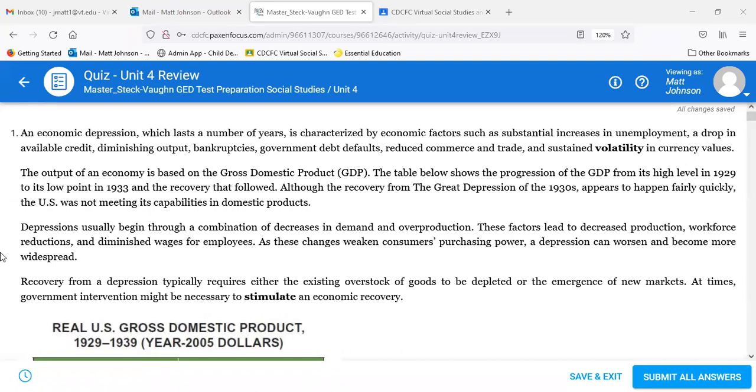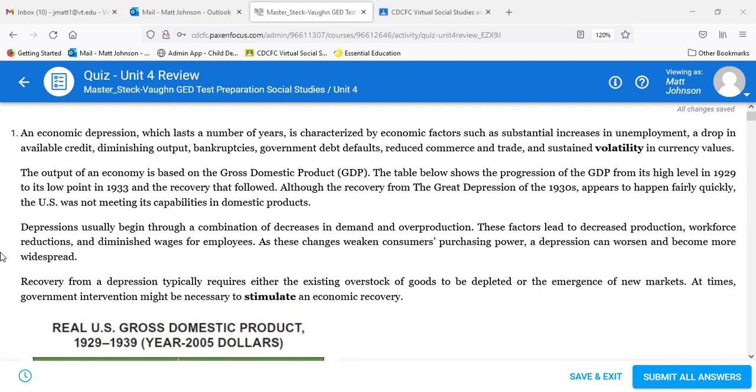Okay. It says, an economic depression which lasts a number of years is characterized by economic factors such as substantial increases in unemployment, a drop in available credit, diminishing output, bankruptcies, government debt defaults, reduced commerce and trade, and sustained volatility in currency values.